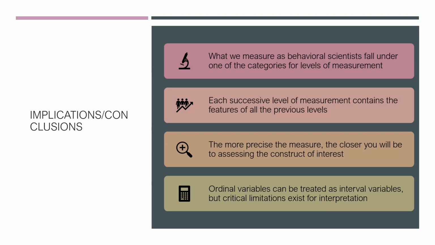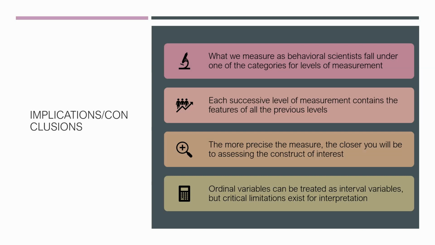Any given behavior that we as scientists decide to study has to fall and will fall under any of these 4 categories. Second, each successive level of measurement contains the features of all the previous levels. Okay, we've heard that throughout this chapter, so by now that should be ingrained.